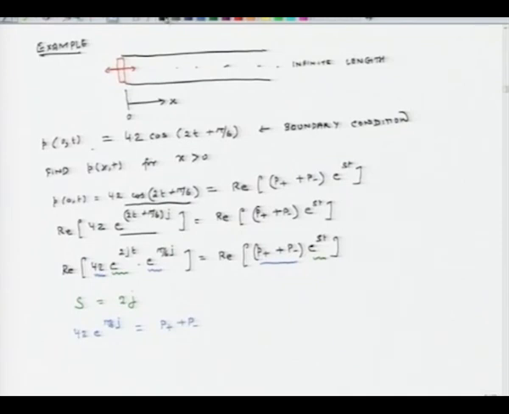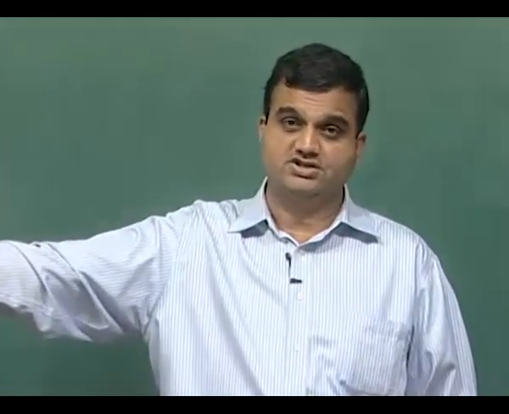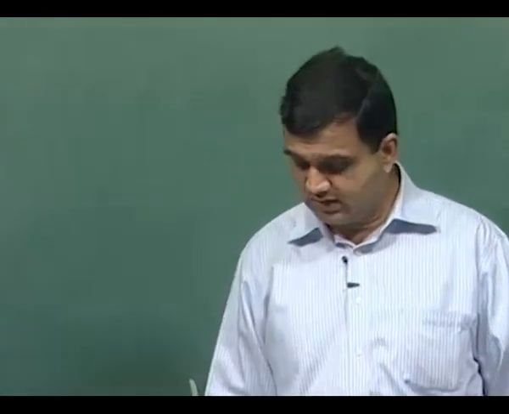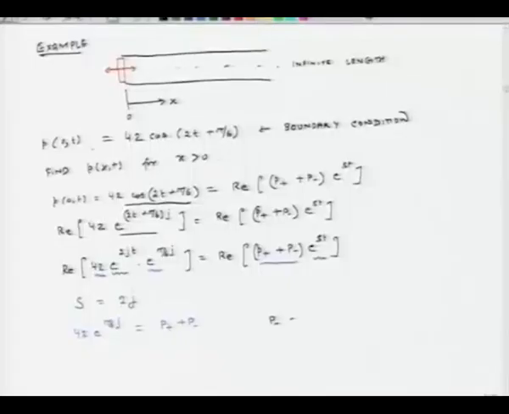But we know that this is an infinitely long wave. So, once the wave starts from one end, it just keeps on propagating and it never gets a chance to get reflected. So, what that tells me is P minus equals 0. Again, what that tells me is that P plus equals 42 e to the power of pi j over 6.